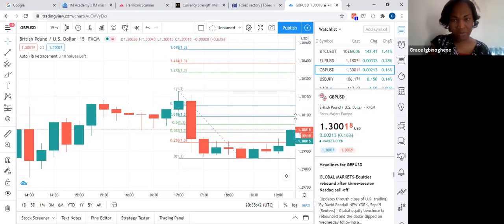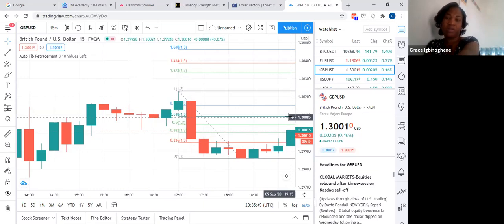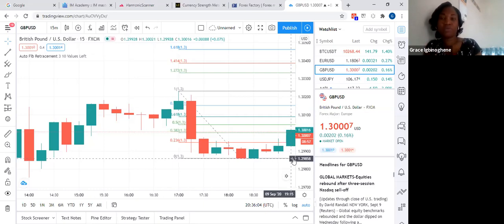And then we come down to 0.168 to take profit 1 at 1.30086. We come to 0.382, then that will be our take profit 2, and then our 0 point will now be take profit 3, or we exit the trade at that point.